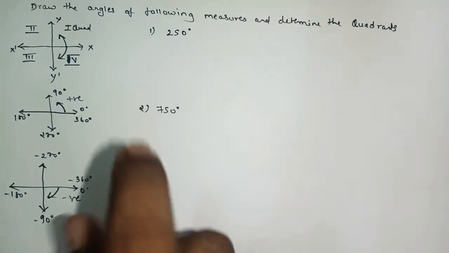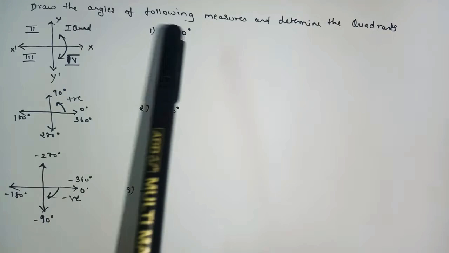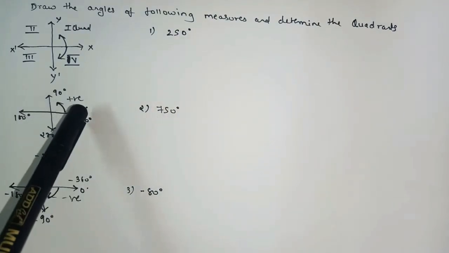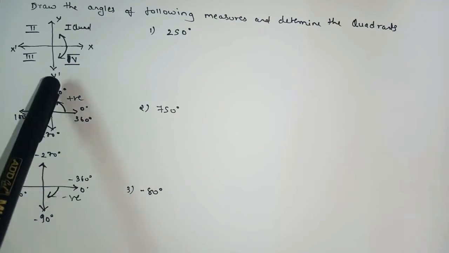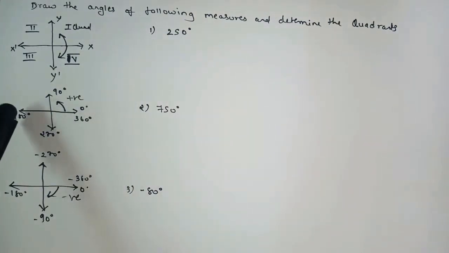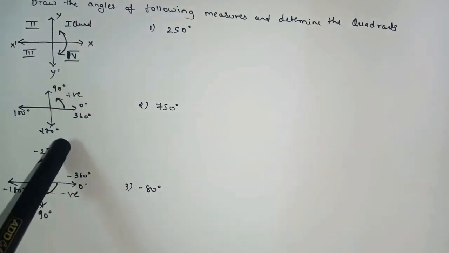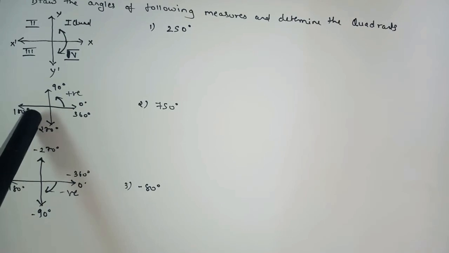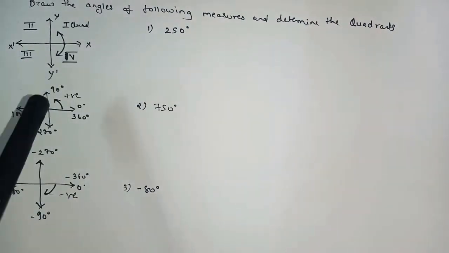It lies in the first, second, third or fourth quadrant. As clearly we can see that as this is the positive angle, so positive angle means the direction will be what? Anti-clockwise. So this is 0, 90, 180 and 270. So 250, common sense, it will lie between 180 and 270. So if it lies between 180 and 270, so this is what? This is the third quadrant. As 250, clearly we can see that it lies in the third quadrant.